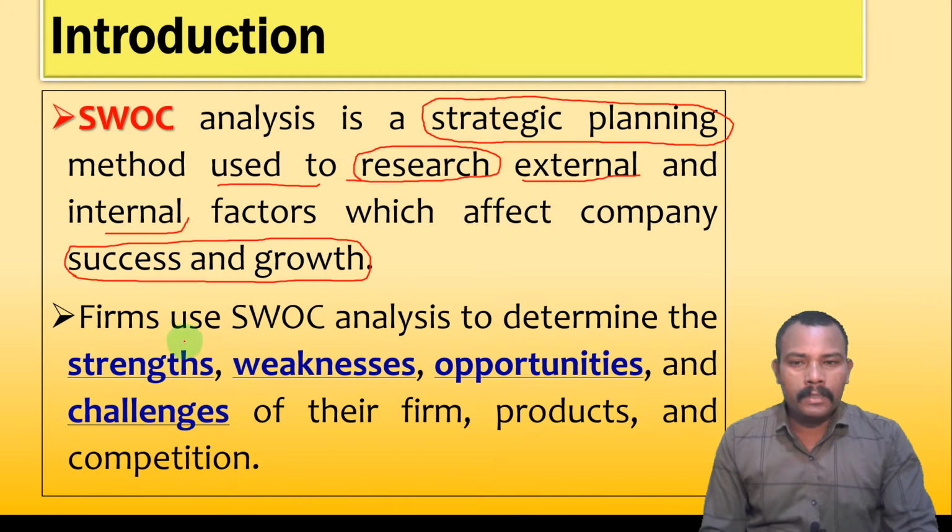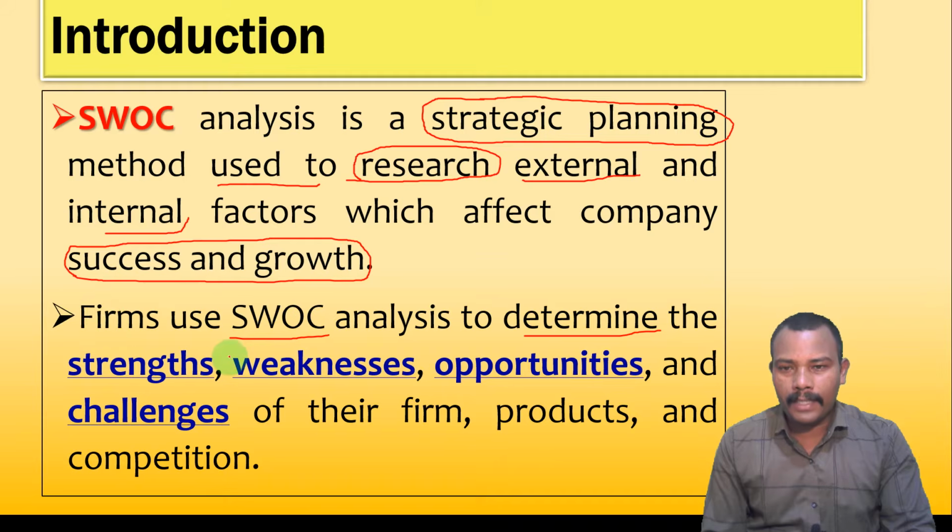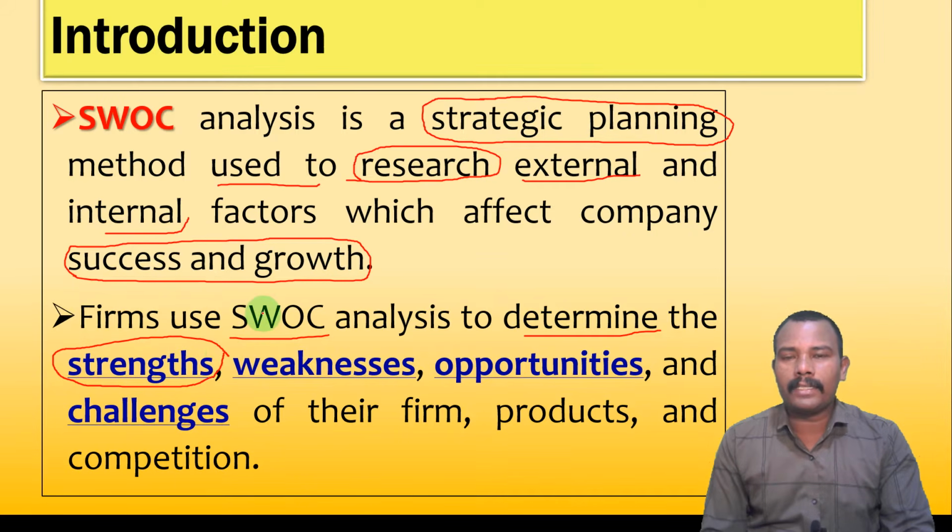Now, firms use SWOC analysis to determine what? First, S stands for strengths. Dear students, please try to understand this now. This is very important. Now you may understand the meaning of SWOC analysis. S stands for strengths. W stands for weaknesses.